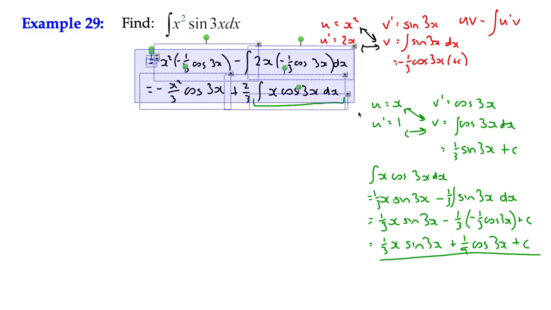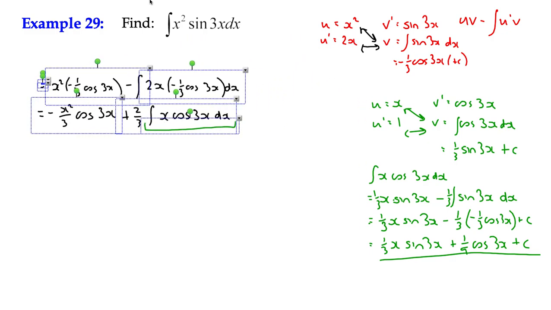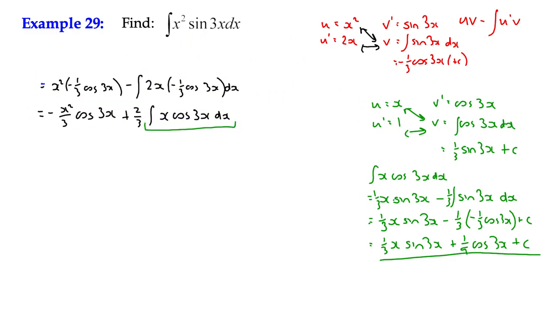I'm actually going to bring that all the way over here because I need a little bit of extra room. I'm going to put back at the top the integral of x squared sine 3x with respect to x gives us that, and then that. So we can continue our solution. Plus 2/3 times.